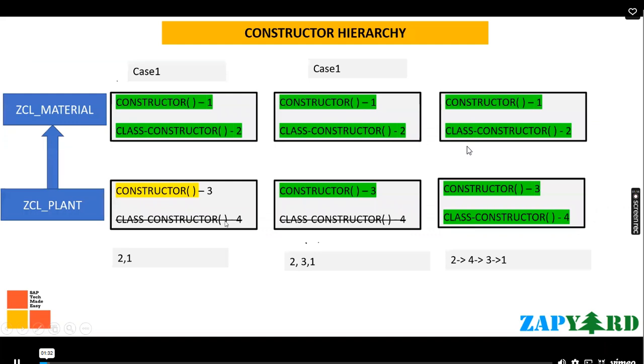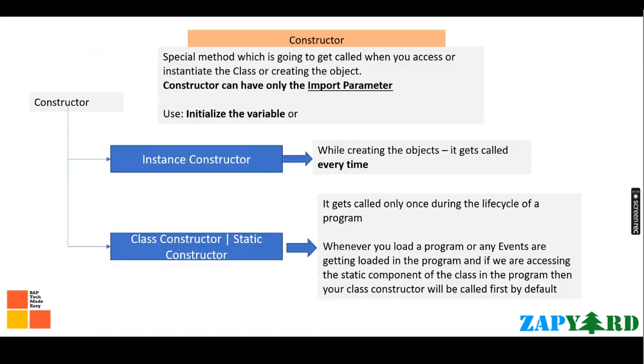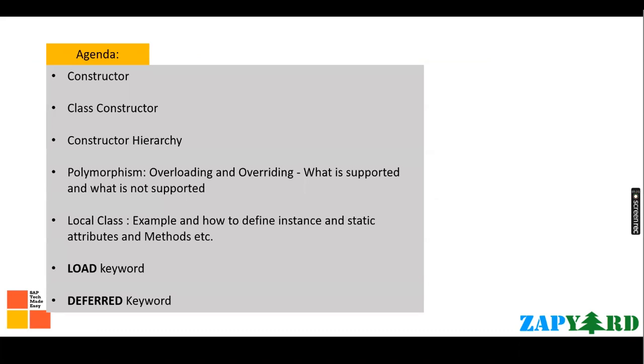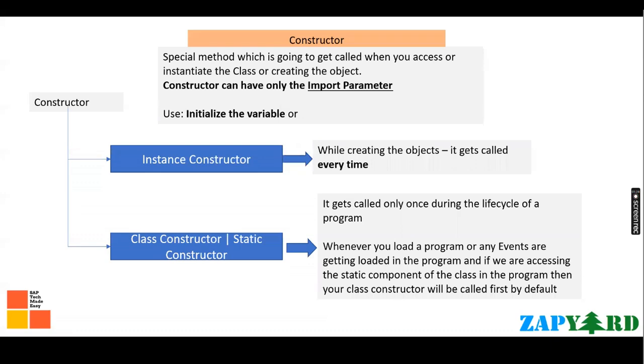start. But before going ahead, let's have a quick recap of what we have done in our last class. In the last class, we have seen the constructor. There are two types of constructor: one is instance and another is static, right? For the instance constructor, we have seen whenever we create any object of a class, every time it gets called.